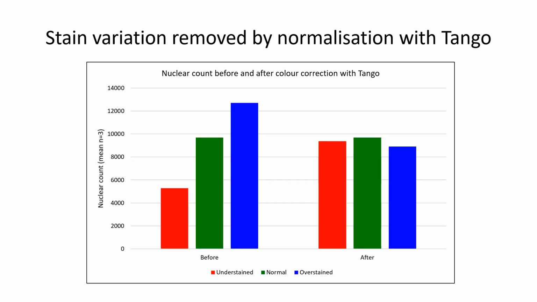What we found is, by using the Tango reference slide, remember this is an absolute reference point because it's an absolute thickness, we can actually correct for the stain variation and get consistency between understaining, normal staining and overstaining. So this is demonstrating that quantification of stain variation allows you to normalise an algorithmic analysis of an image.